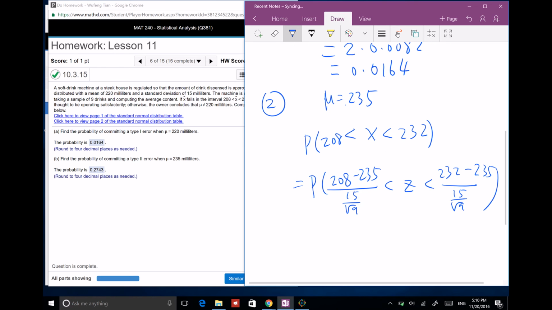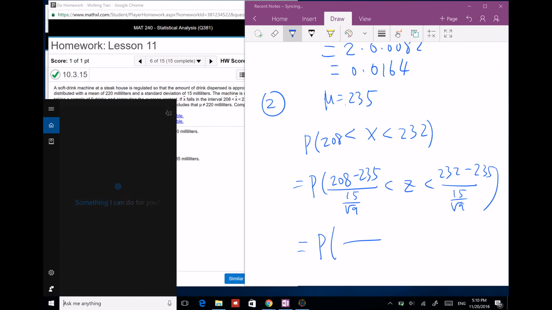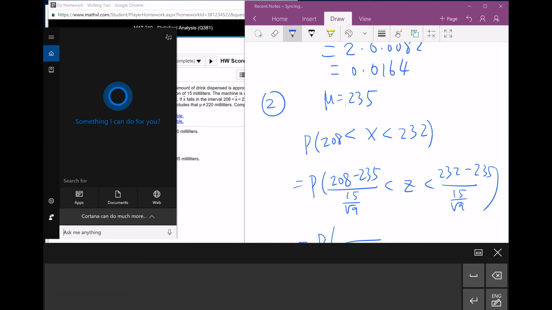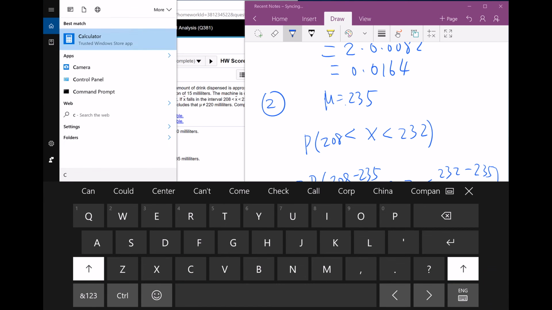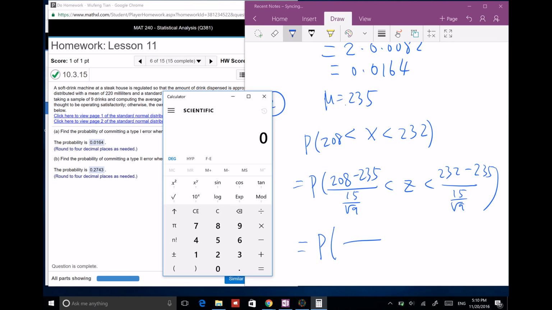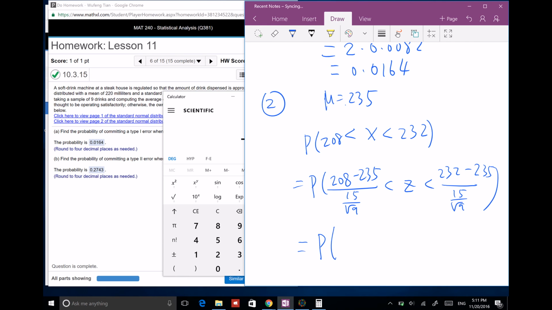So the answer is going to be a probability. This one is going to be very big. Where's my calculator? So 208 minus 235, divided by 5, equals a big number, negative 5.4. So you can actually skip this one.